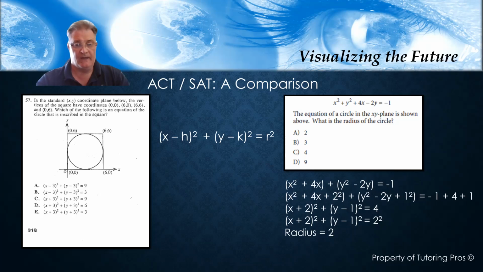Okay, now look what we have. We have now taken the original equation and put it into the form of (x − h)² + (y − k)² = r². That 4 is the radius squared, so therefore the radius must be a 2.